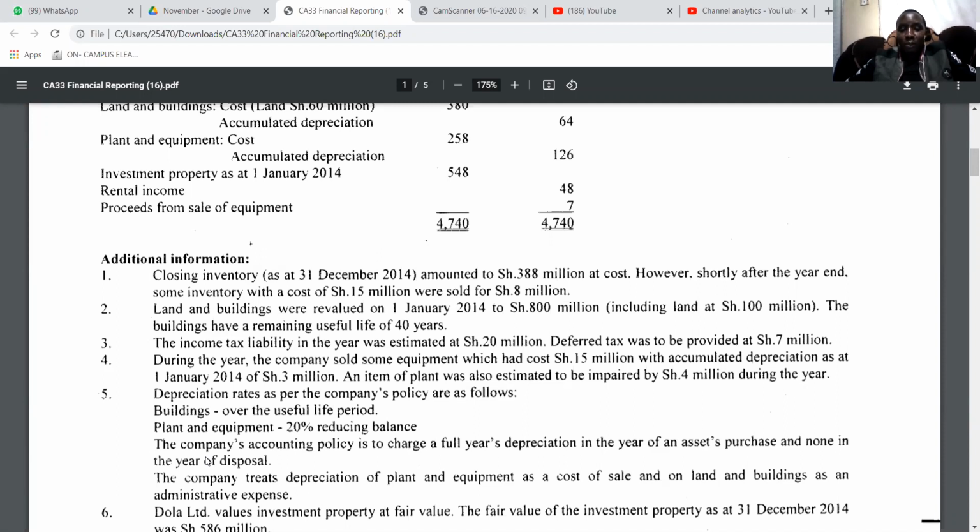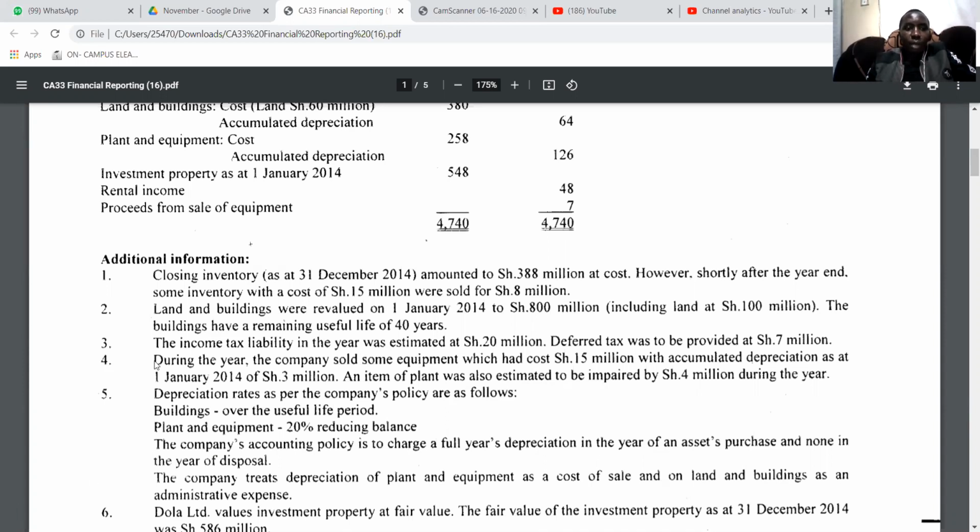So inventory is measured at the lower of cost and the net realizable value, which means that when you have your cost, then you check the net realizable value. Between the two, the lower of the two is what will qualify to be the inventory. So that is what I will do in additional information number 1.